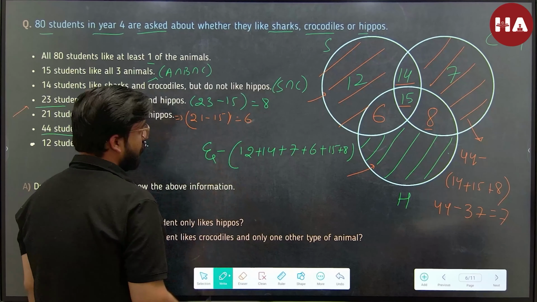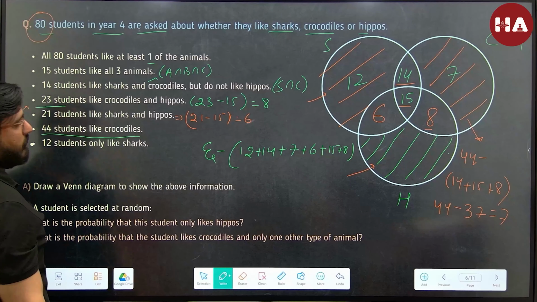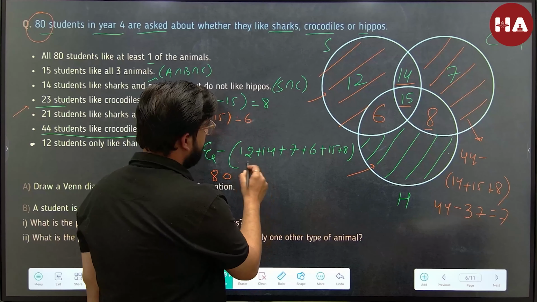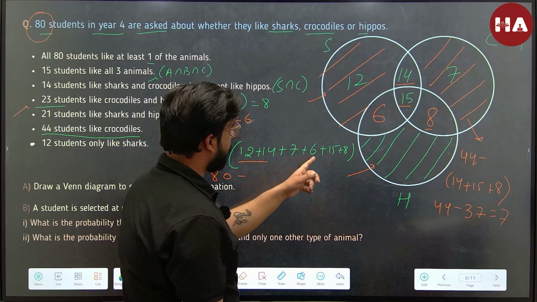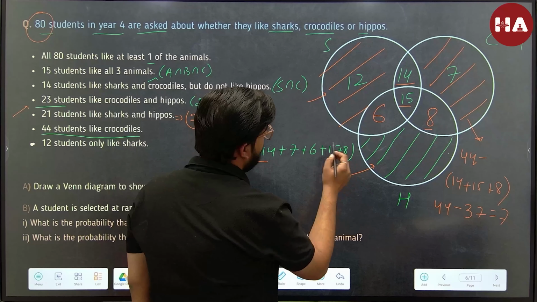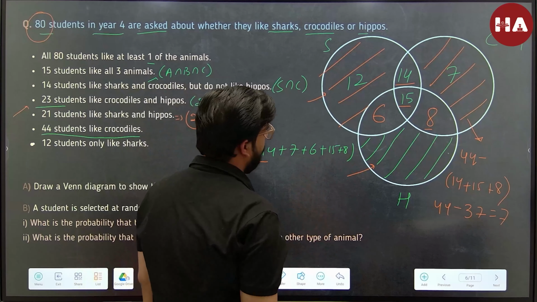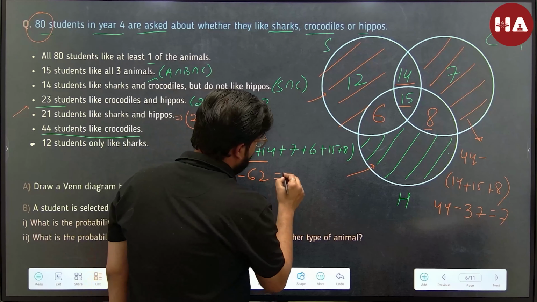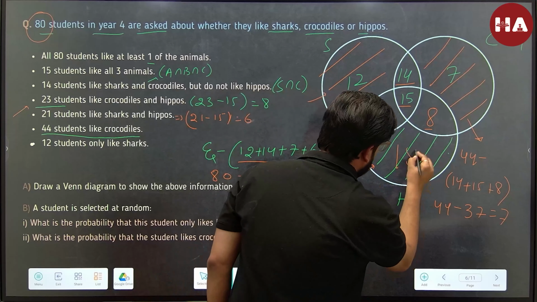The universal set number, as we have already seen, is 80. So 80 minus, evaluating, 12 plus 14 is 26, 26 and 7 is 33, then 39, then 47, and 47 plus 15 is 62. So your answer for this part comes to 18.